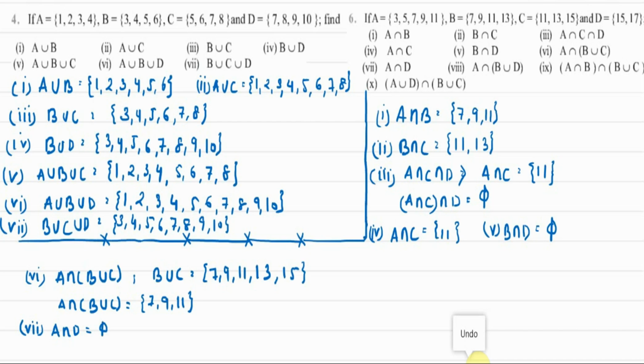The eighth part says A intersection (B union D). I'm doing the 8th part here. So again we have to find out B union D first.